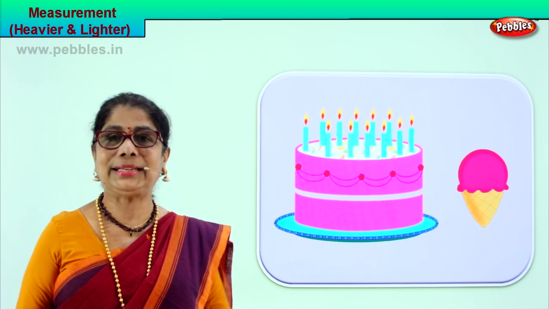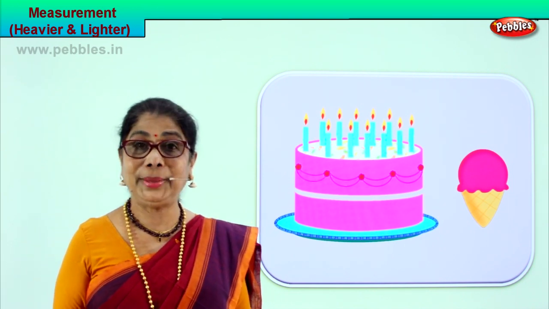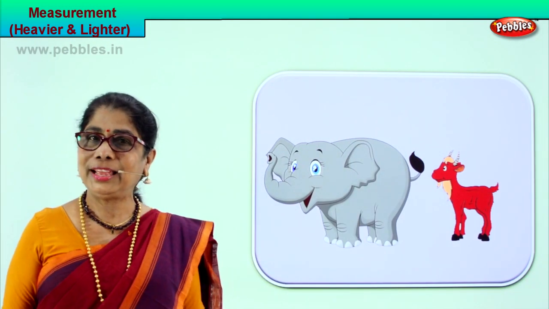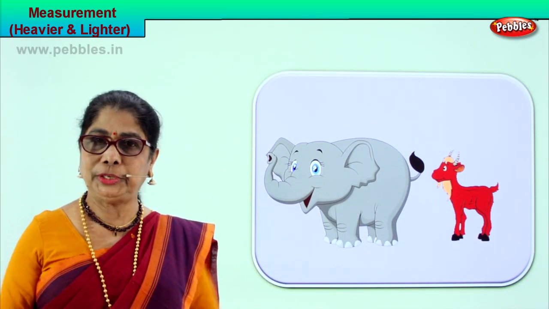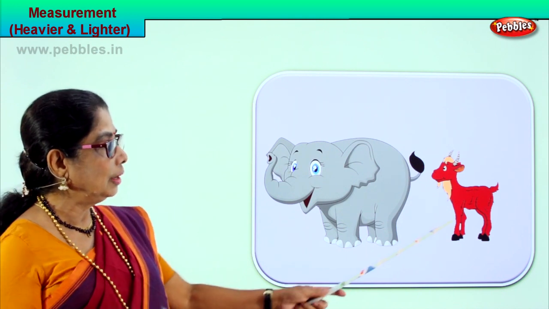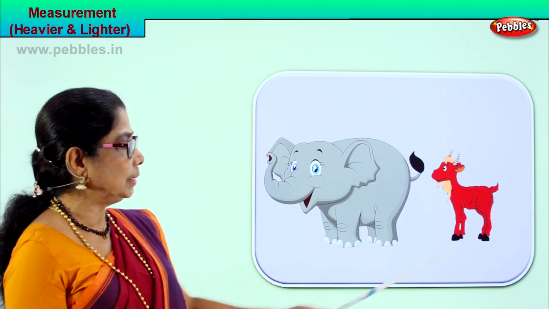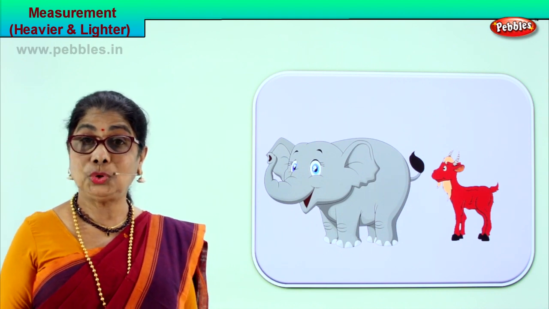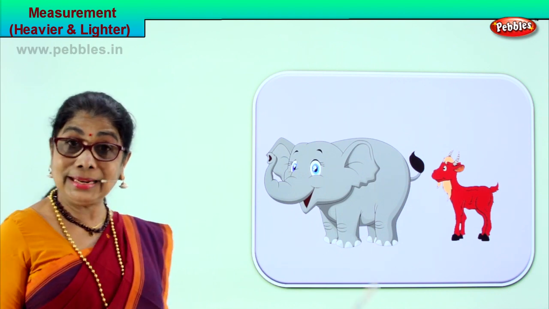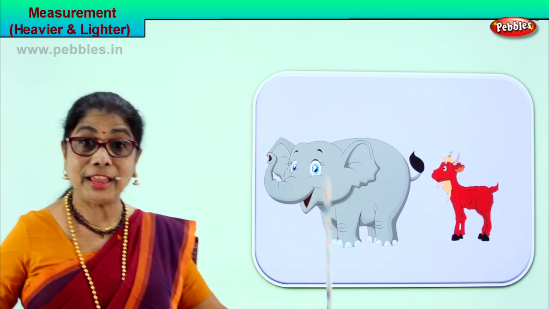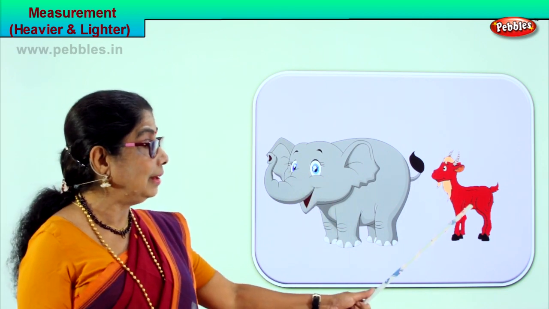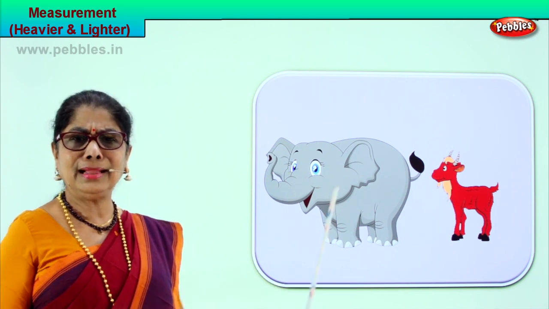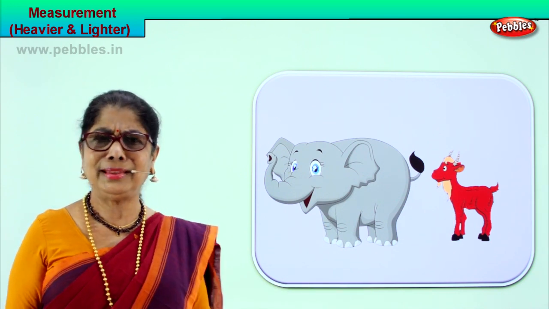Let's look at another picture. Look what we have here. If you put them on a big, huge machine to weigh, you have a little goat here and a huge elephant here. Who will weigh more? Certainly, the elephant is heavier than the little goat, or the goat is lighter compared to the elephant.